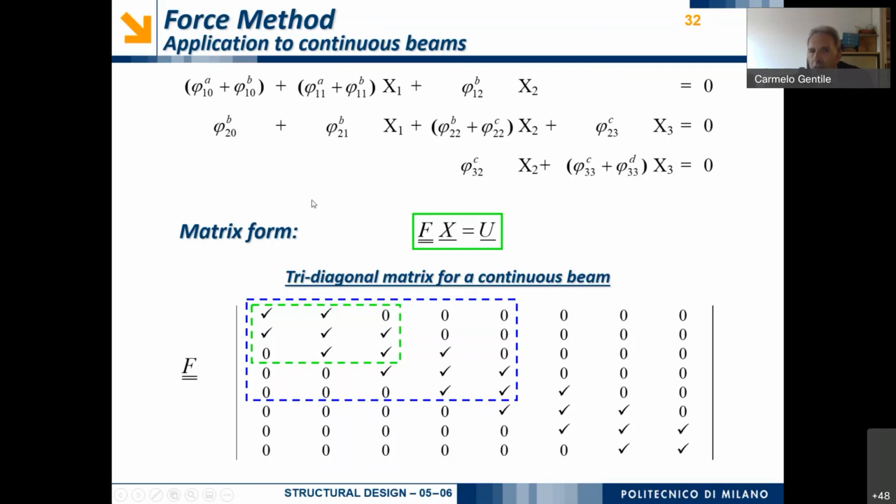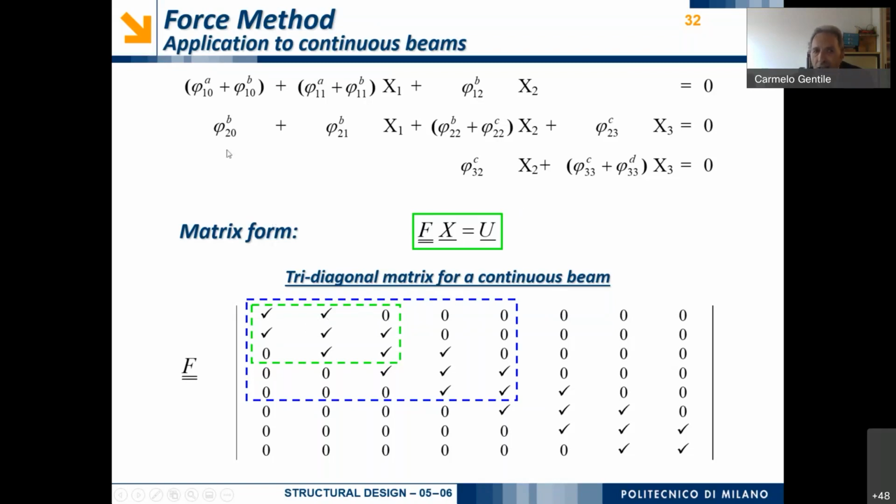For example, if we are dealing with a 3x3 linear system, the first equation has a term different from 0 corresponding to the first unknown and to the second unknown, while corresponding to the third unknown we have 0.